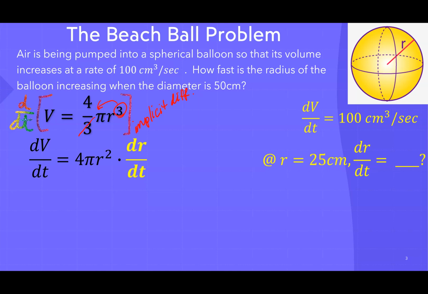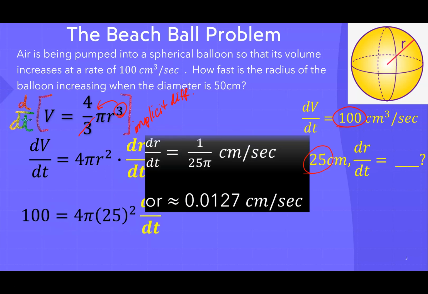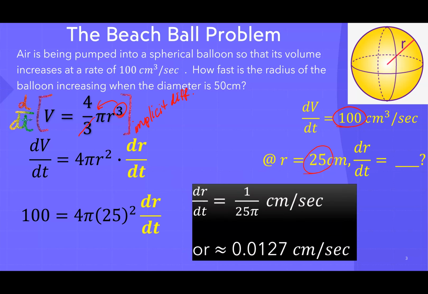Okay, so now we just plug in the information that we know. In other words, dV dt is 100, radius is 25, and we are looking for dr dt. When solving for dr dt, we will have dr dt equals 1 over 25 pi, and the unit would be centimeter per second because we're talking about the rate at which the radius is increasing with respect to time, right?